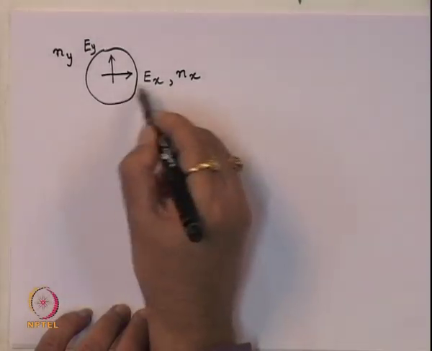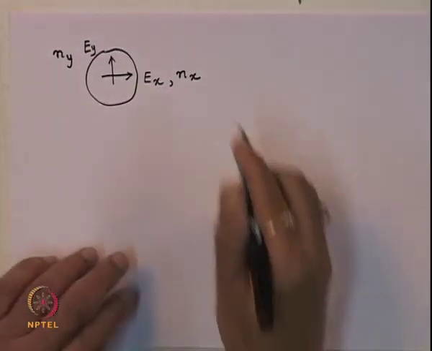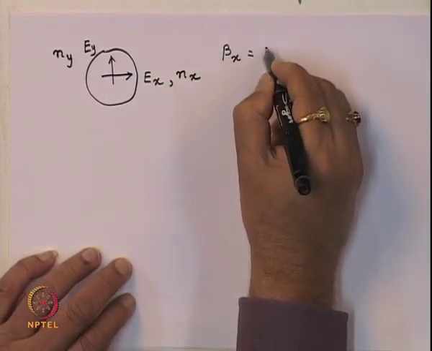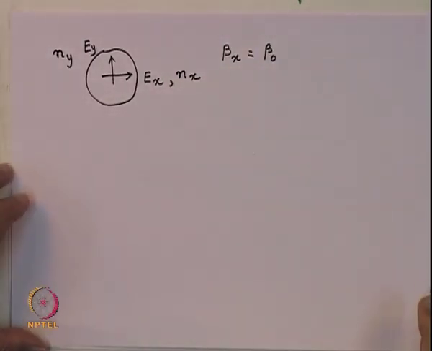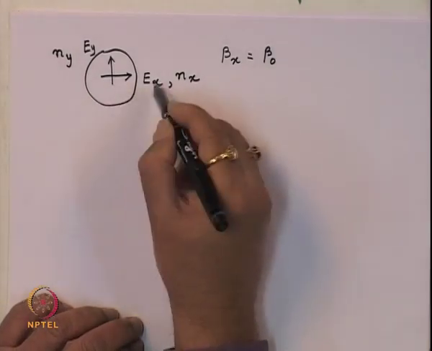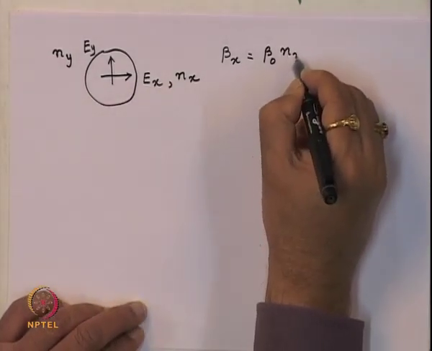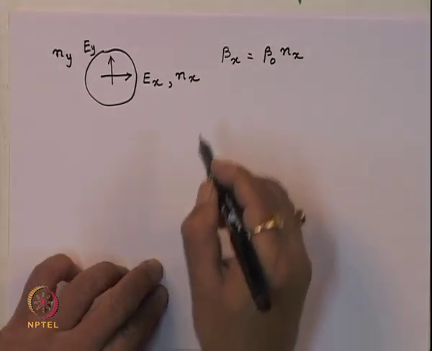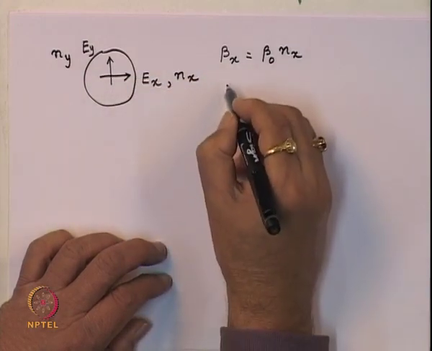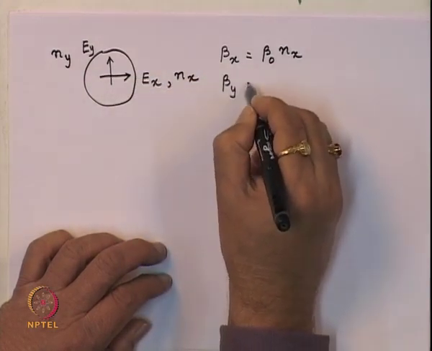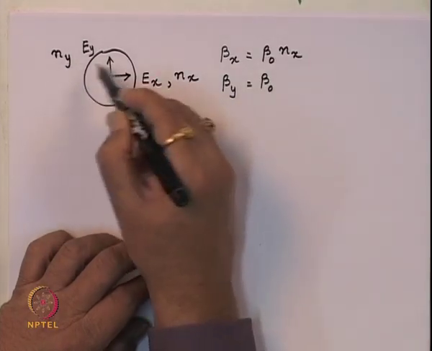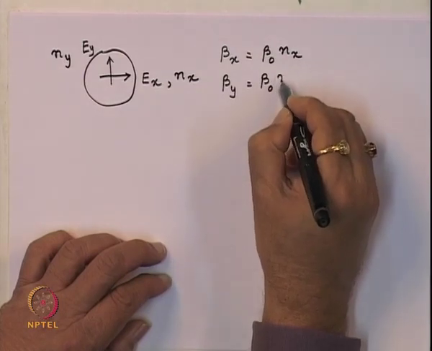So, the phase constant for this horizontally polarized mode is beta x, which is beta 0, the propagation constant in free space, multiplied by the refractive index which this polarization sees, which is n x. Similarly, the propagation constant for this polarization is beta y, that is equal to beta 0 multiplied by the effective index which this polarization sees, which is n y.